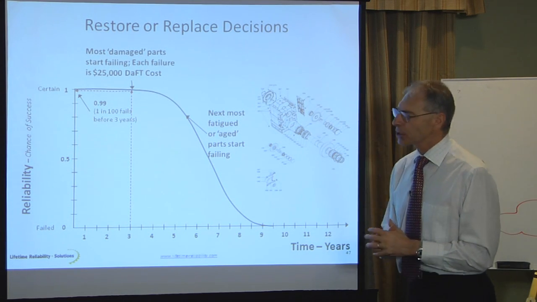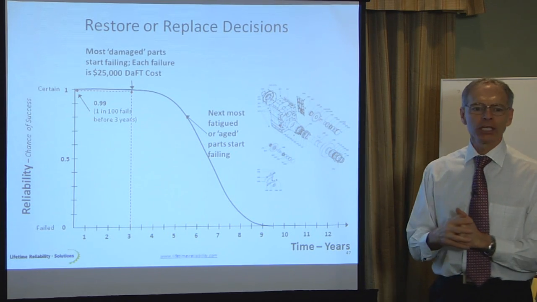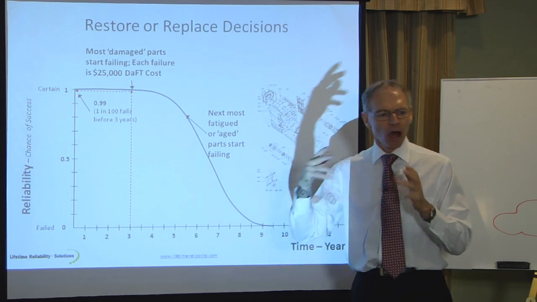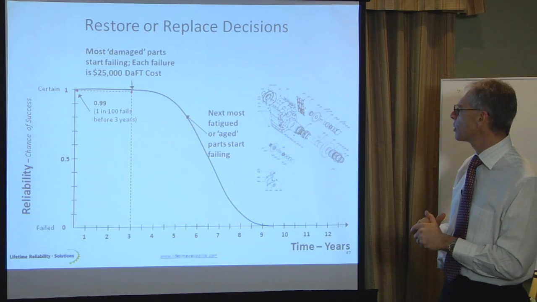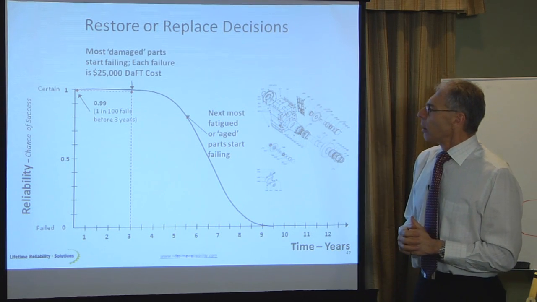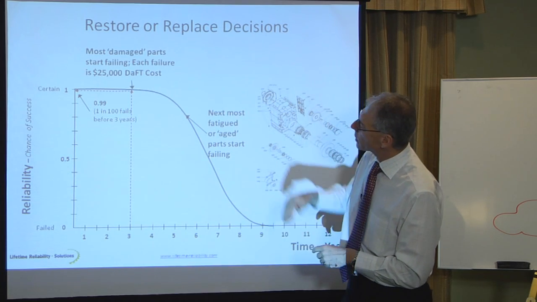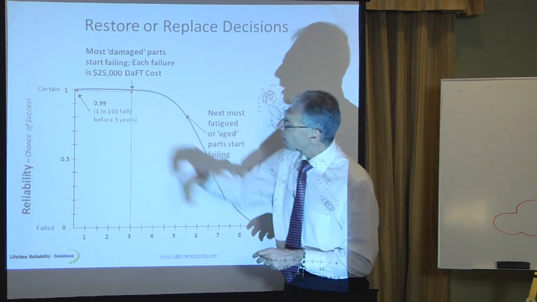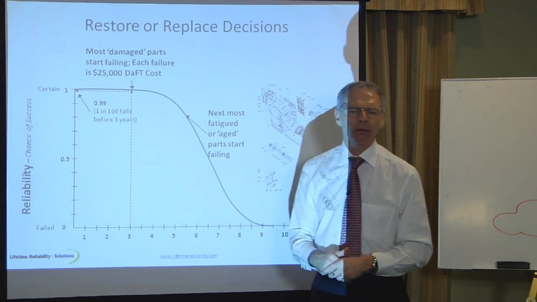Now the question becomes, as a maintenance strategy, do I restore this machine on a regular basis and do an overhaul and a shutdown and fix it back to supposedly good condition, or do I replace it brand new? This is what we know of the machine, the reliability curve. We know that for the first 3 years in a group of 100 machines, only one in that group has failed.